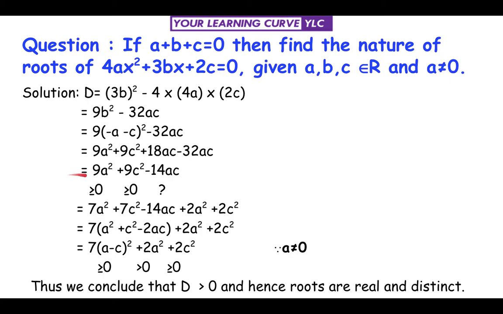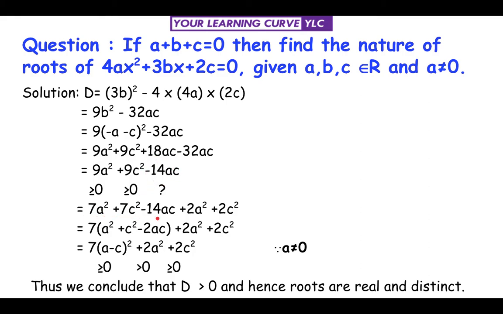We try to take out the relevant items from here, combine it with 14ac and make it a perfect square. So, what we do? We take 7a square from 9a square, 7c square minus 14ac. The remaining 2a square, 2c square, this is positive, this is not creating any problem. The problem is only minus 14ac.